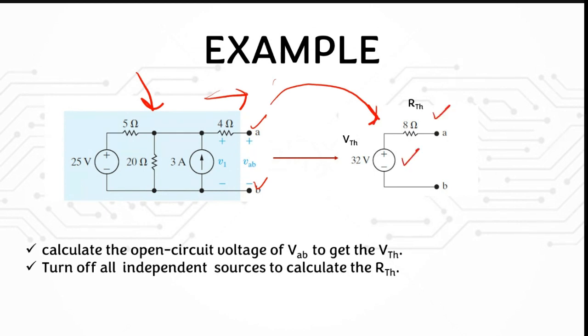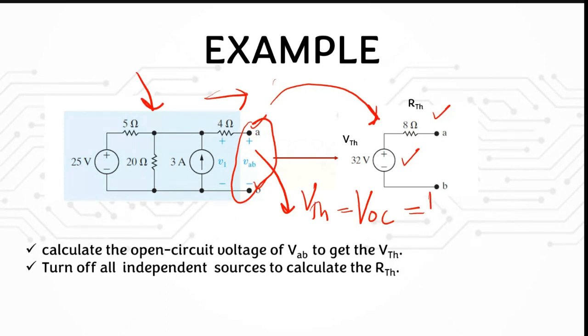So you need to calculate the value of the Thevenin voltage. From this circuit, you know that the Thevenin voltage is equal to the open circuit voltage, which refers to this VAB, or in this one, V1.